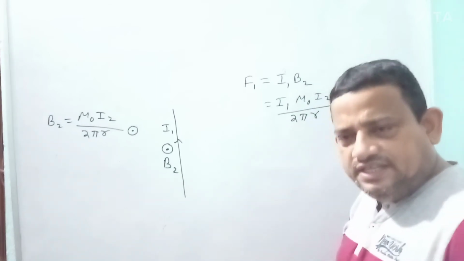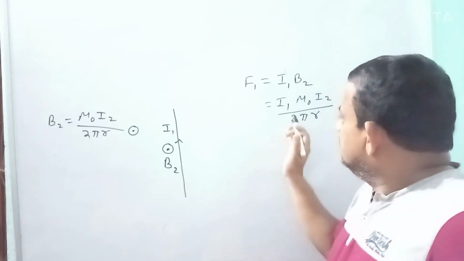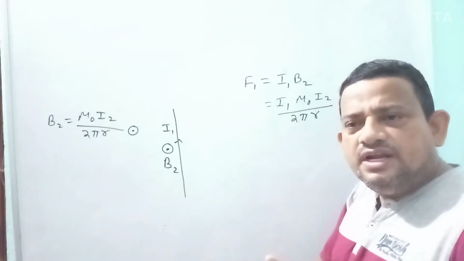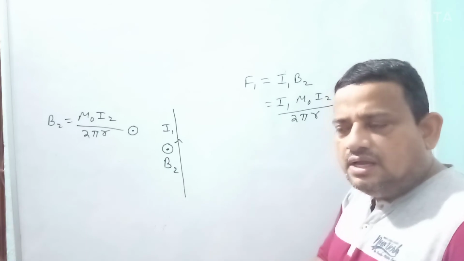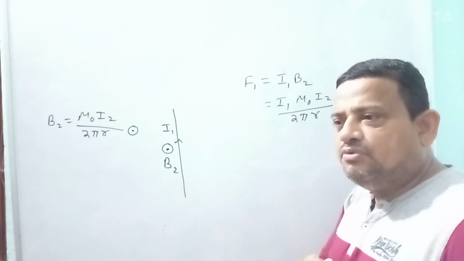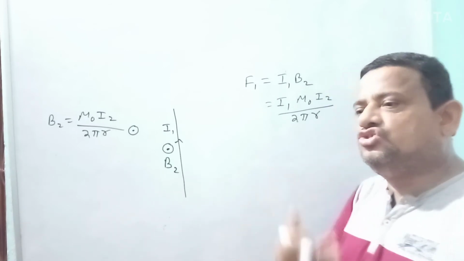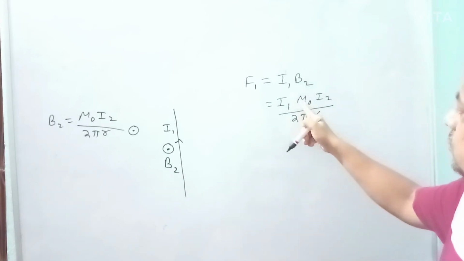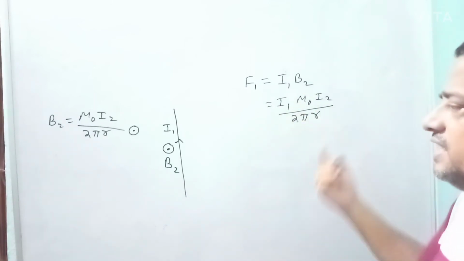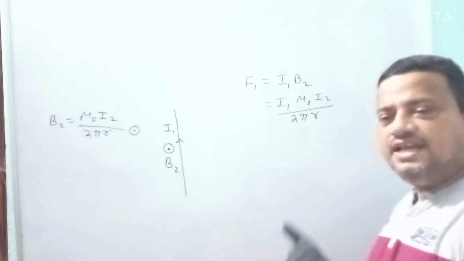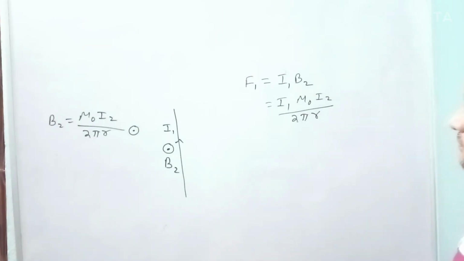So students, you see, force per unit length F2 and force per unit length F1 have the same magnitude, that is mu naught I1 I2 by 2 pi r. In that case also, the same has come.